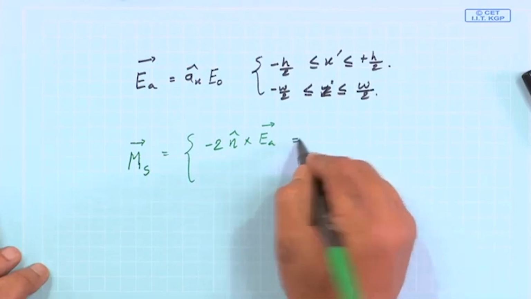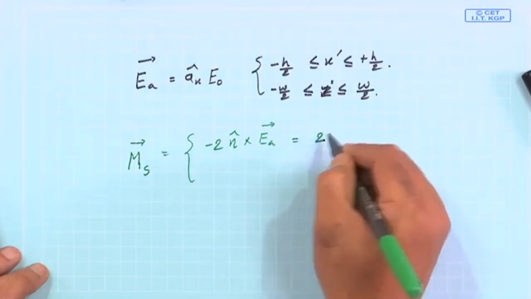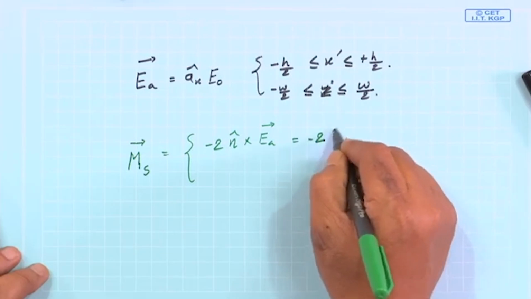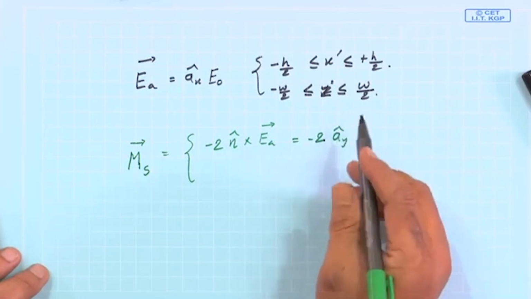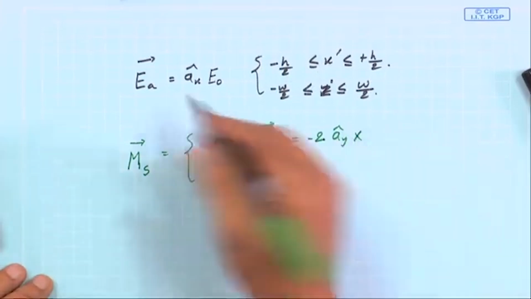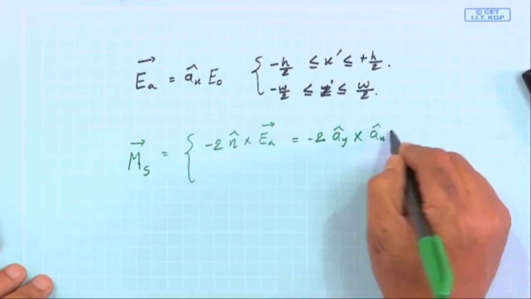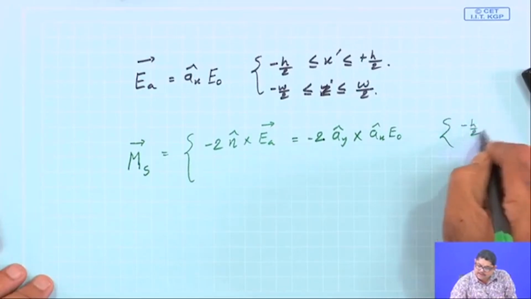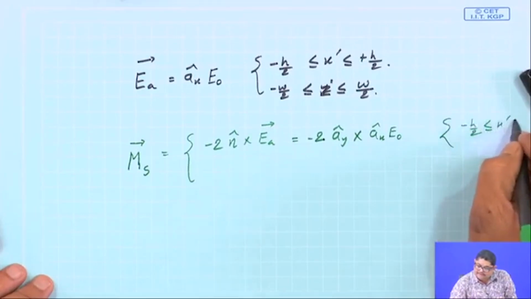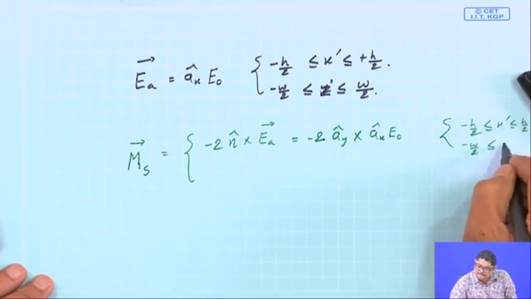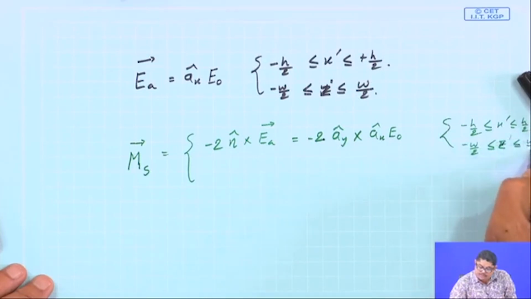Here you see that n is a_y, and a_y cross a_x E naught over minus h by 2 to h by 2, z dash within w by 2.